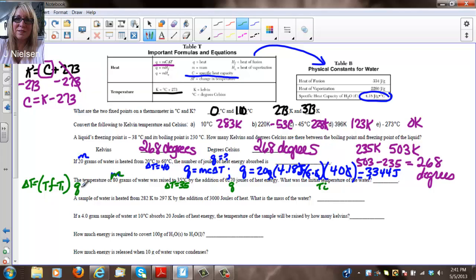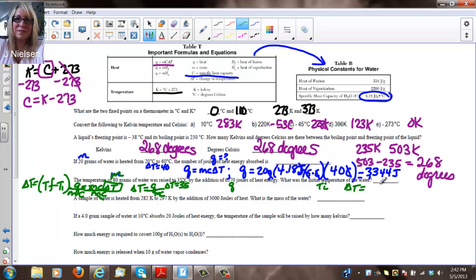We have Q equals mc delta T. I'm solving for delta T. I want this by itself. This is all multiplied, so I'm going to do the opposite, and I'm going to divide both sides by mc. These cancel. So I get delta T equals Q divided by mc. So let me come over here. Delta T equals Q.